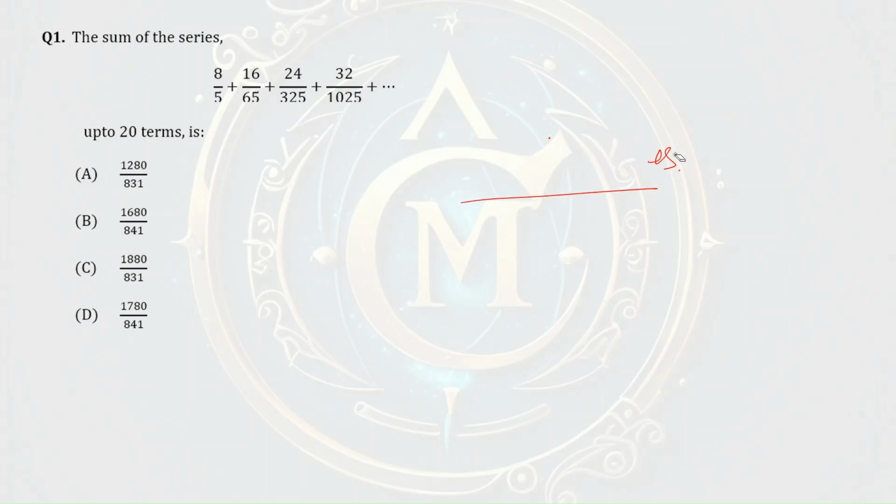So the idea of the telescopic series comes from the fact that if we write the general term of this series, the numerator comes out as 8r, as you can see, 8 times 1, then 8 times 2, then 8 times 3, and 8 times 4, and so on. And in the denominator, there are terms like 5, 65, 325, 1025, and terms like this.